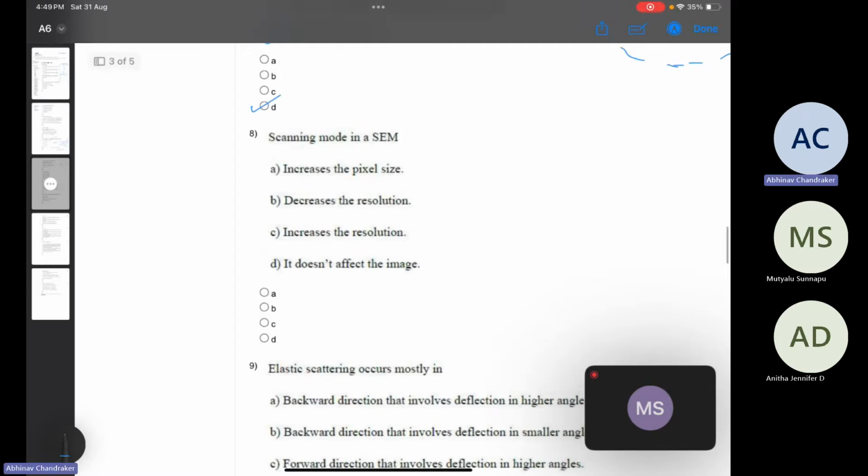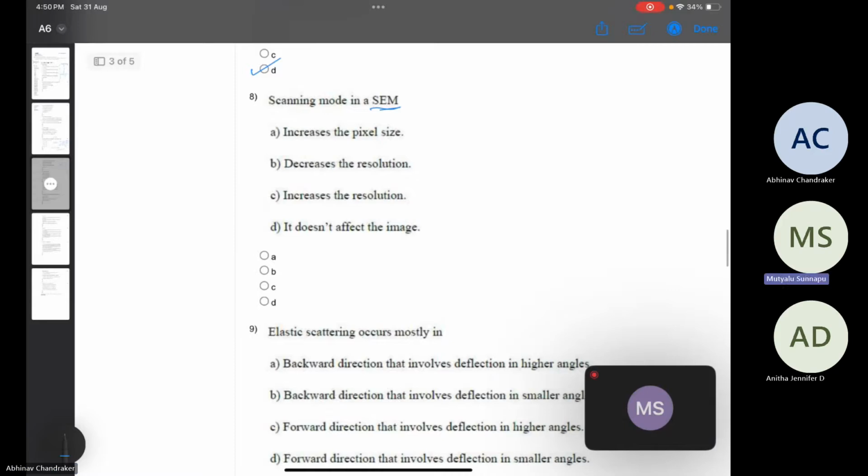Actually, this question is not a very straightforward question, because in SEM you always have scanning taking place. There is an electron probe and it is being scanned on the specimen surface. You get the image of the scan area.